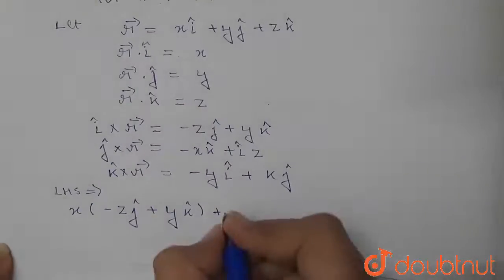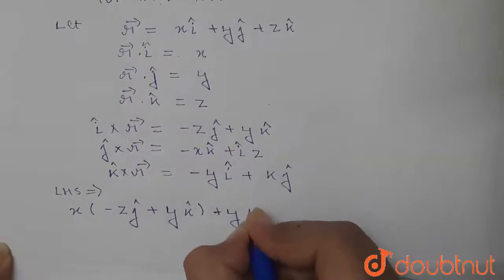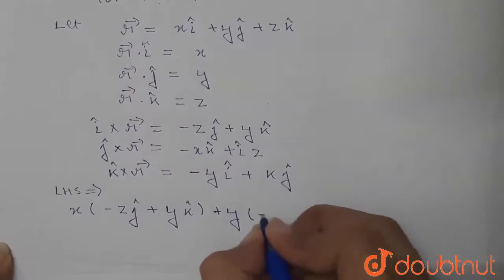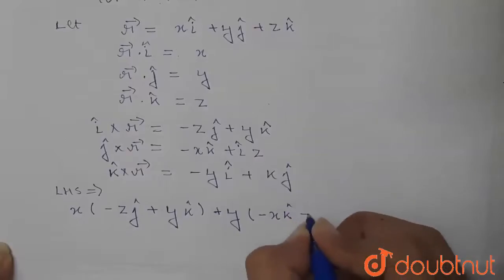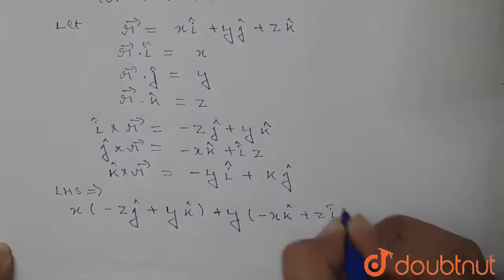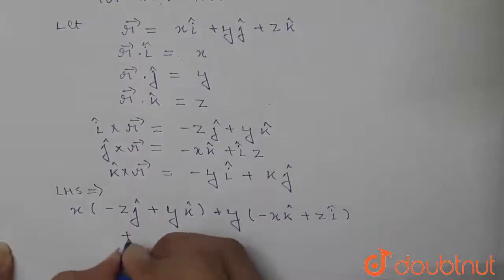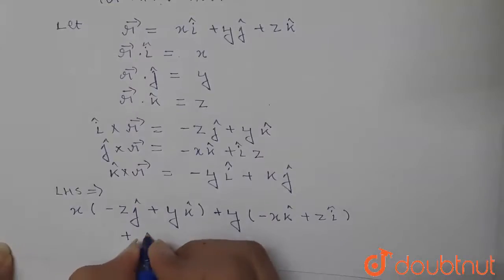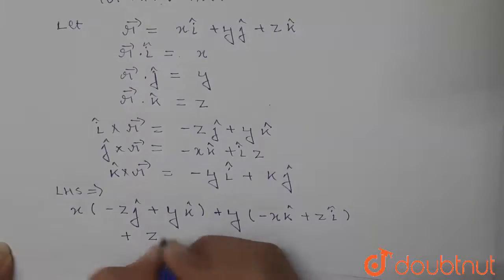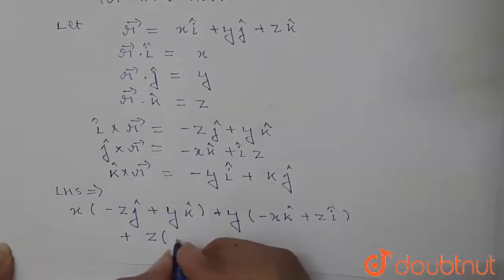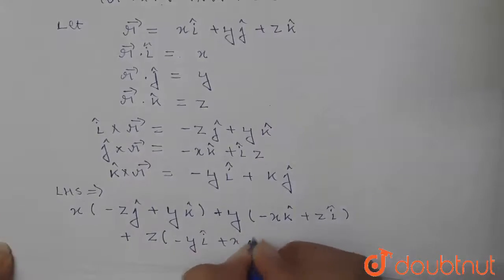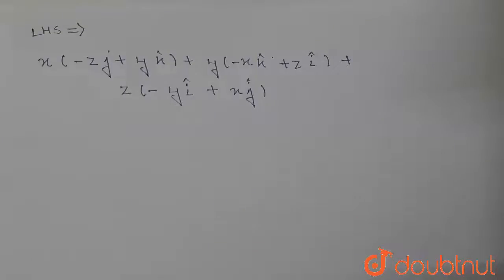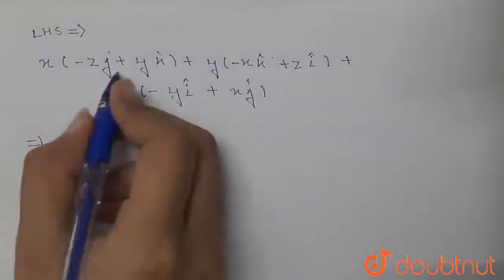That means here we will write y into j cross r, that was equal to minus k minus x k cap plus z i cap. Then plus we had r dot k, that is z into r cross k, that is minus i plus x j. If I open this, that means I multiply inside.